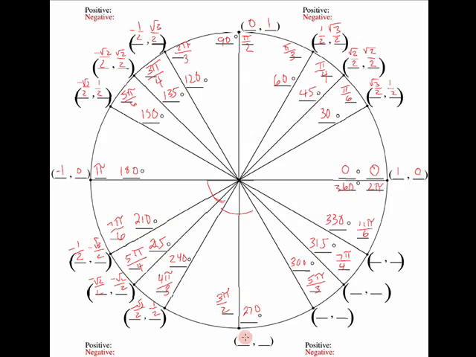Continuing on, 0, -1, and our last fourth quadrant, all the x values are positive, so positive 1/2, positive root 2 over 2, positive root 3 over 2. Now all my y values are negative. Negative 1/2, negative root 2 over 2, and negative root 3 over 2.